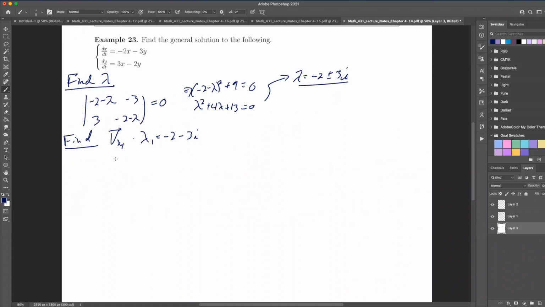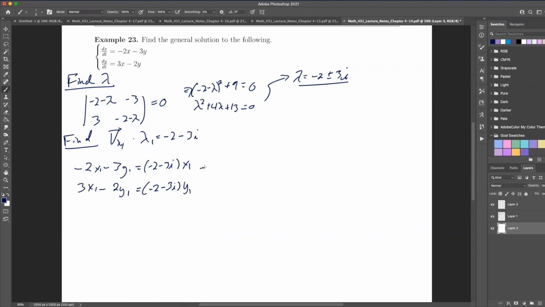So here, let's find one of these. To do this, we're going to have minus 2x minus 3. I think I did it so the numbers would be easier for you to see that things ended up being the way they were. So here I have x1, y1 equals minus 2 minus 3i times x1, and then here I'll have 3 minus 2 minus 3i.